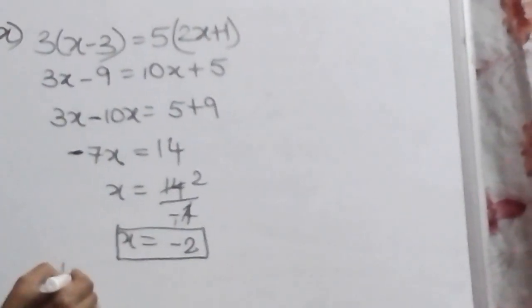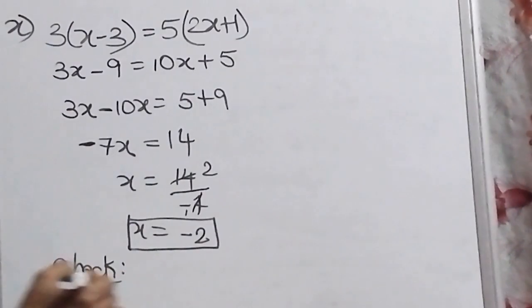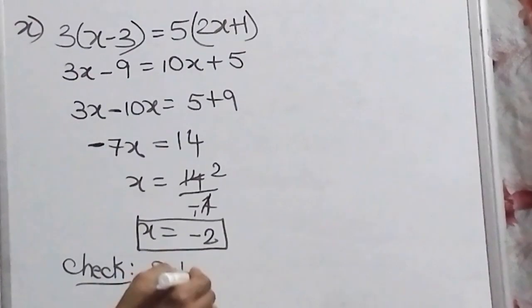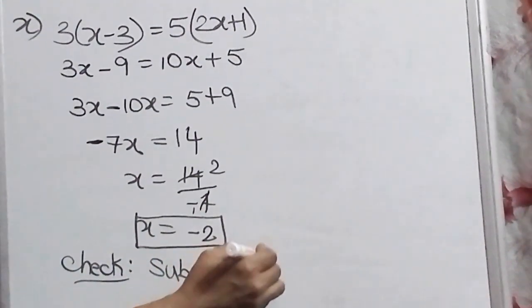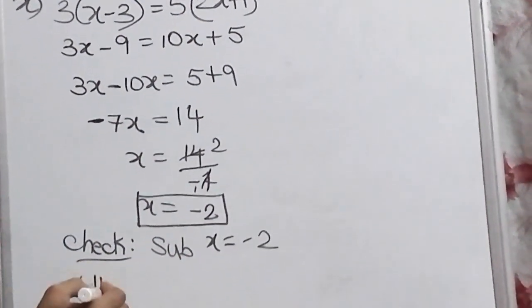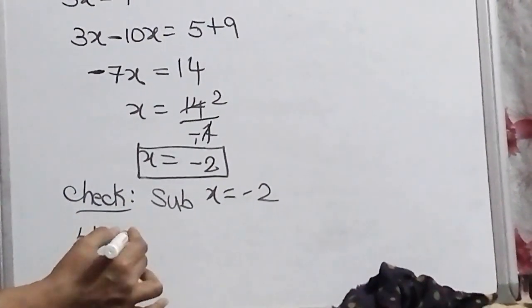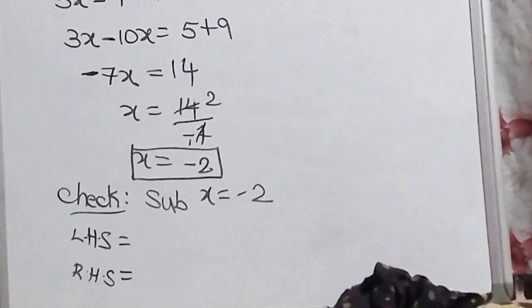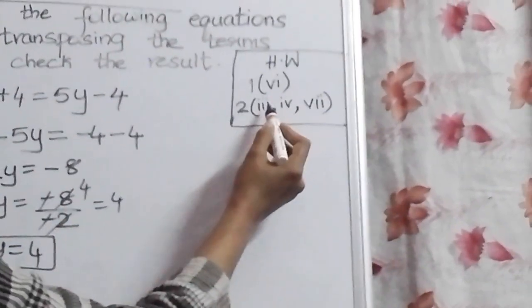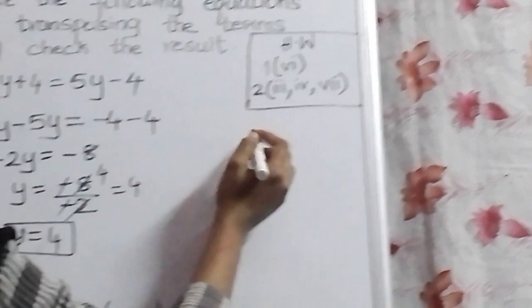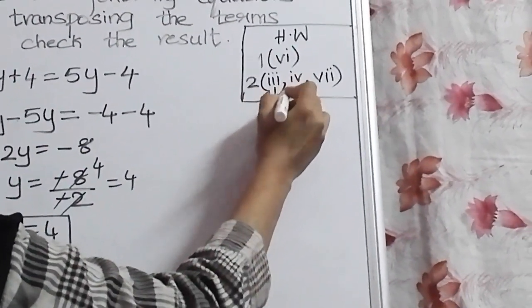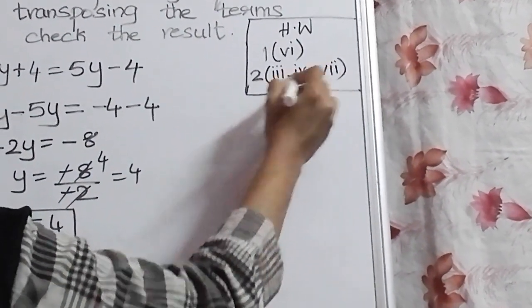Now you need to check. For checking, what you will do, you are going to substitute x is equal to minus 2 in LHS and RHS. Okay. So today's class, you are having the first problem 6th bit as homework, second problem 3, 4, 7 bits as homework, and in the second problem check part is left for you.